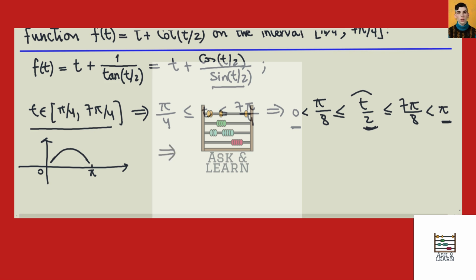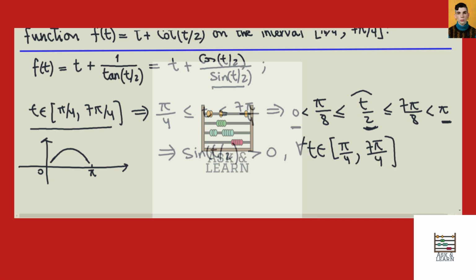So we can say that sine of t half is positive for all t in the interval from pi fourth to 7 pi fourth. So that's the first thing, that is, this function is well defined. That is, the cotangent of t half never gives an undefined or non-finite number.